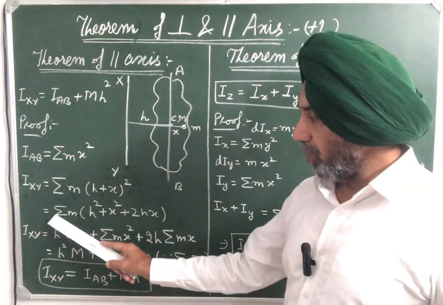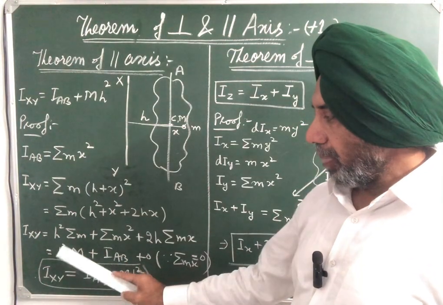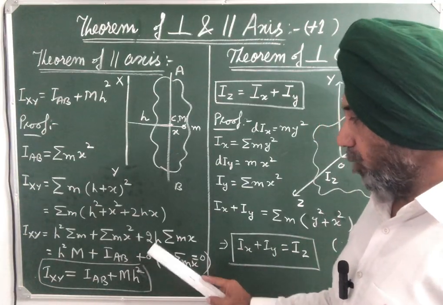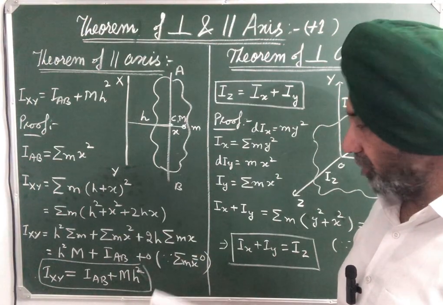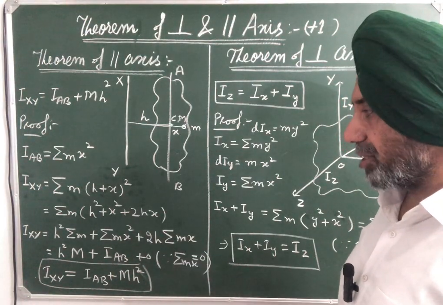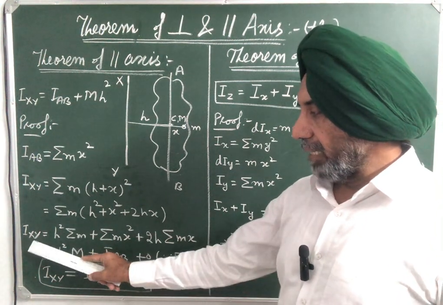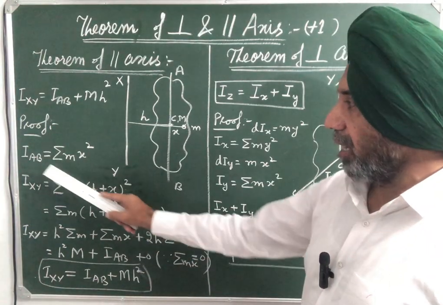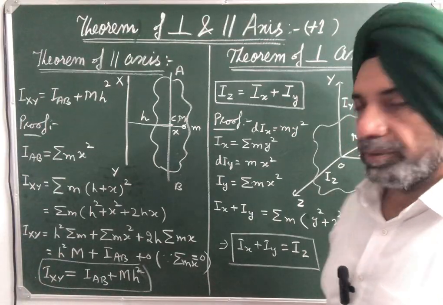If we open the bracket, h square can be taken outside the summation because it is constant. So h square summation m, plus summation m x square, and 2h can also be taken out from the summation because it is constant, summation m x. Now summation m means total mass. So IXY is equal to h square M plus summation m x square, nothing but IAB, plus 2h summation m x, which will be 0.